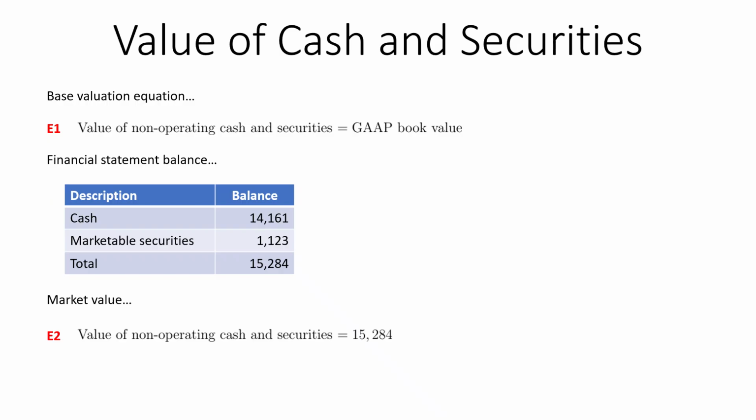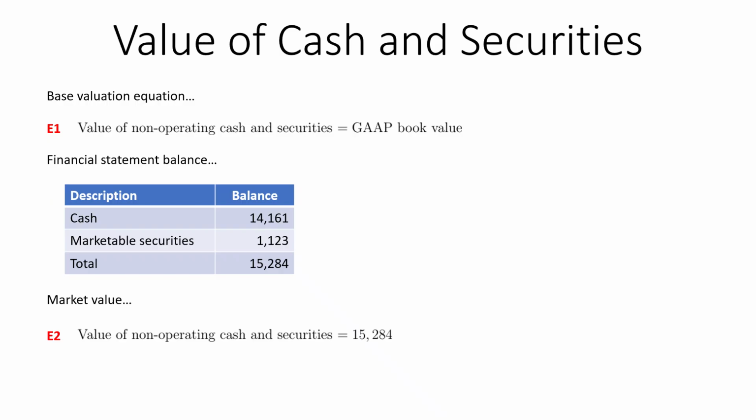Marketable securities are short-term investments that are usually AAA rated or better, U.S. Treasuries. So we look at equation E1. That's our base valuation equation. What we're going to assume is that cash and securities are basically non-operating. Given that companies in the S&P 500 have access to capital via lines of credit and all that kind of stuff, the balance of cash and securities really is non-operating.